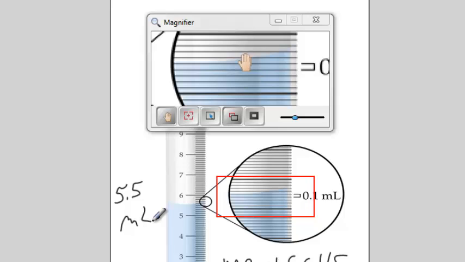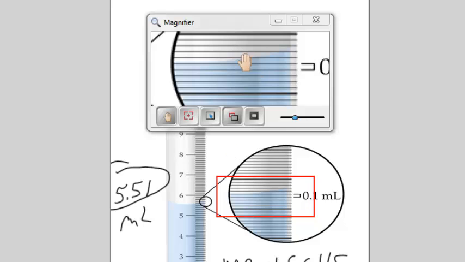So I can estimate a digit. Now, I could estimate a 0. I could say that's exactly on that line. I'm going to say 5.50 milliliters. But in this case, I think I'm going to say that's a little above it. I'm going to say 5.51 milliliters. These are my significant digits. They are directly related to how many markings are on my graduated cylinder.